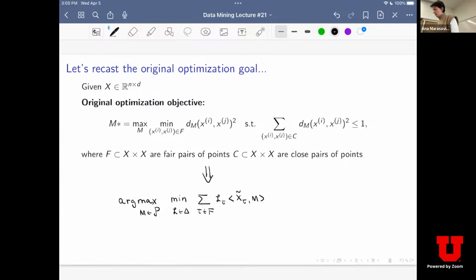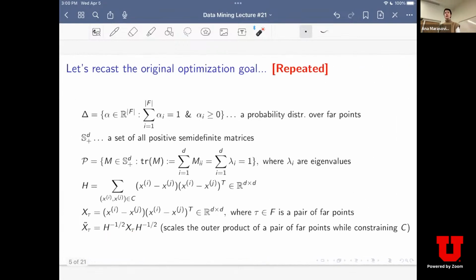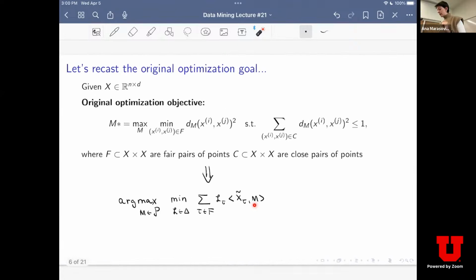So x tilde tau was this scaled outer product between far points. So think of an outer product between far points that keeps the distances between close points in check. And you are going to multiply that with matrix M. The way you are going to get the scalar product between matrices is similar to how you would do it with vectors. You are going to multiply each corresponding item in these matrices and then sum all of them.